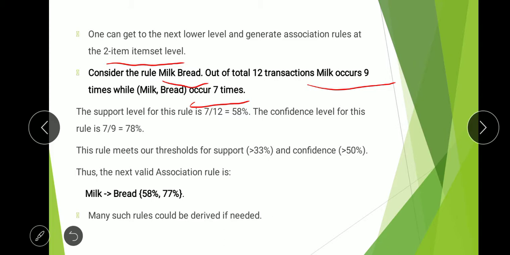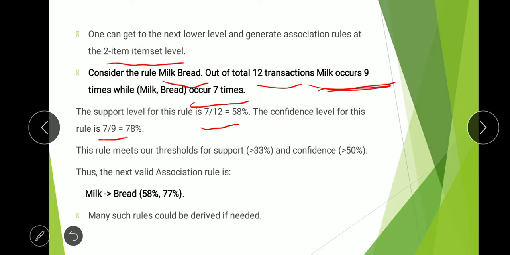Now you have to find the support level. What is support level? It is union of X and Y, right? That is probability of X union Y, that is 7 divided by total number of transactions is 12, therefore it is 58%. And then confidence level is nothing but probability of X union Y divided by probability of X. Probability of X union Y is what? 7 divided by probability of X is what? Milk occurs 9, so 7 by 9 is 78%.